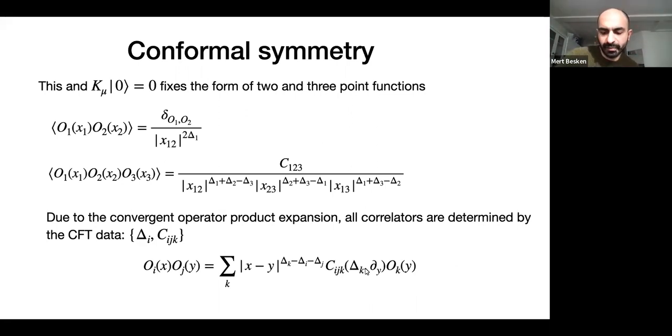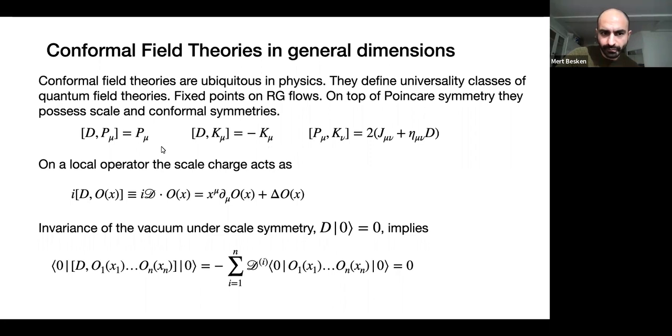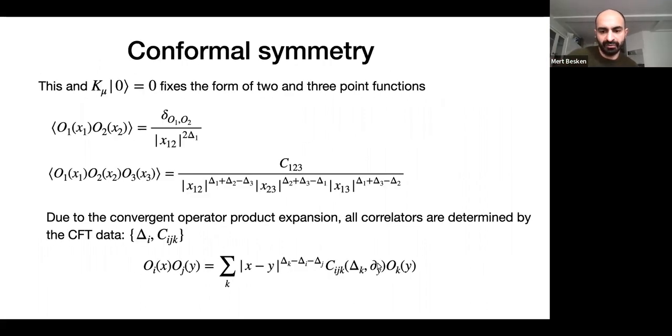I didn't say what it was, but the fact that D with P gives P and D with K gives minus K allows us to define a conformal family which is annihilated by K. By acting with P as a raising operator, we can start from a primary state defined by O of 0 acting on the vacuum, and act with P multiple times along with its tensor contractions, and that will give us the entire conformal family.